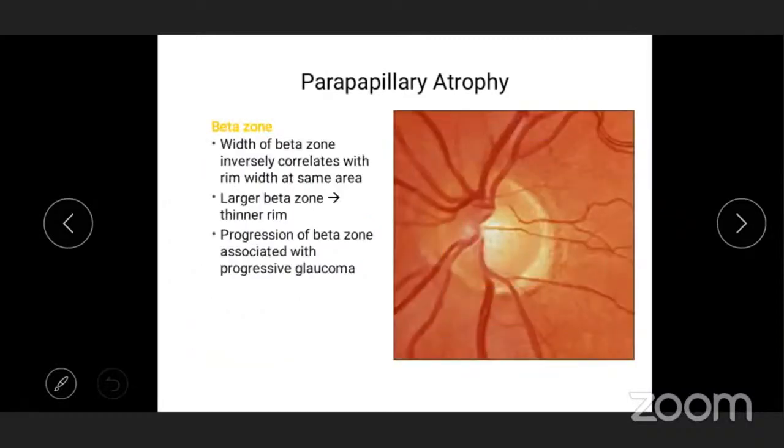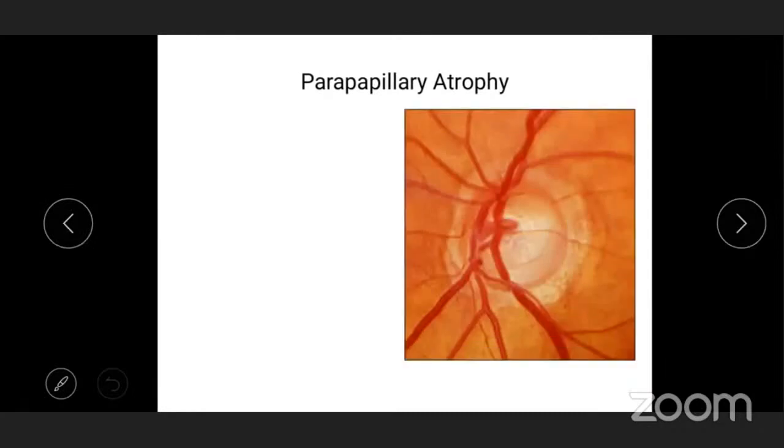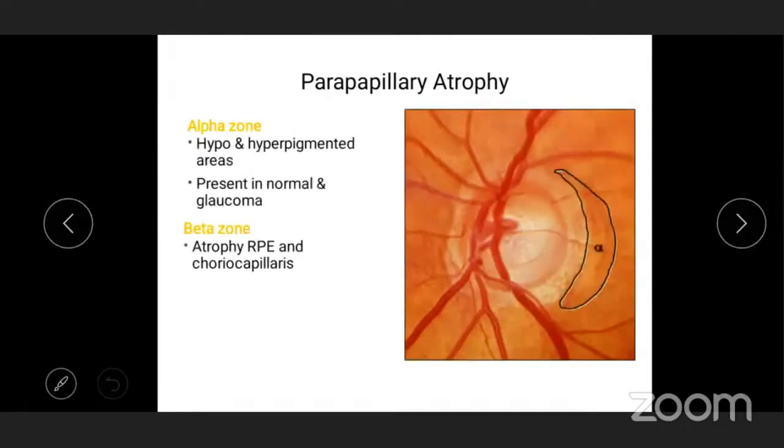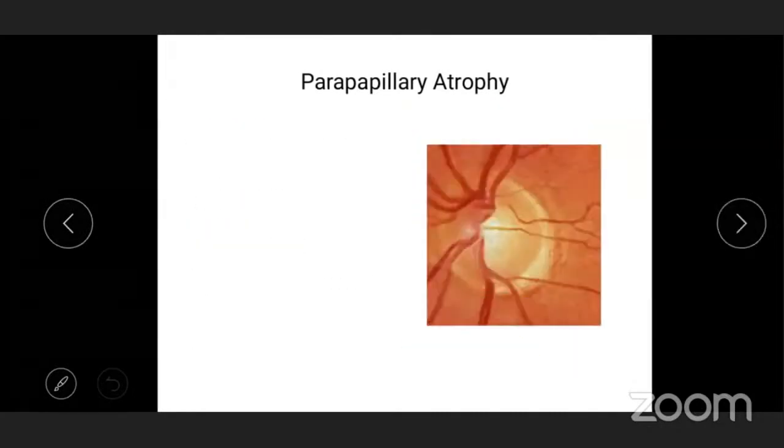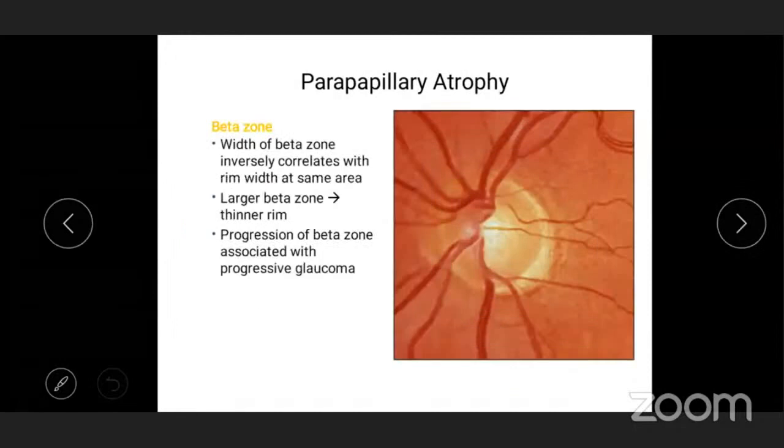Now that was in the previous picture. This was a more diffuse one, but I'll show you the one in the early stages. The common location, I'll remind you, for the notching of the rim was inferior. Also for the RNFL defects was inferior.